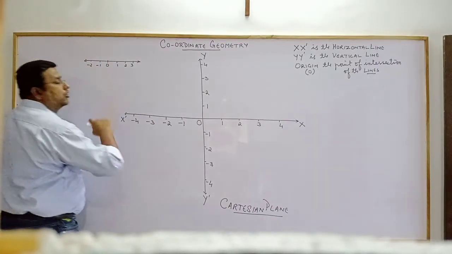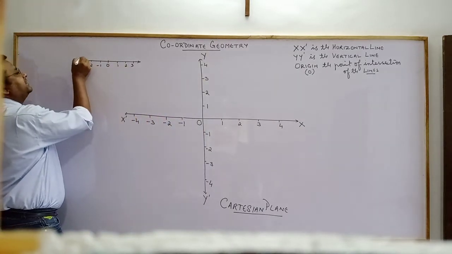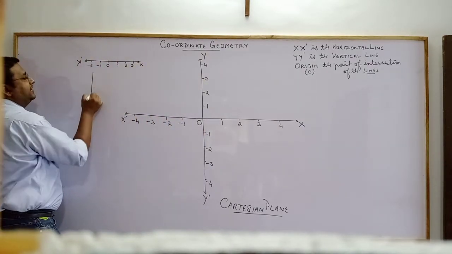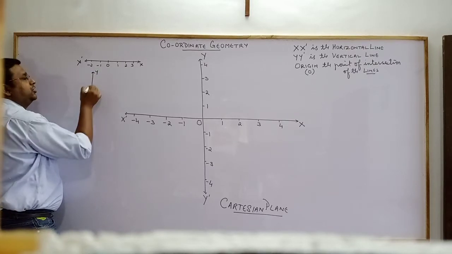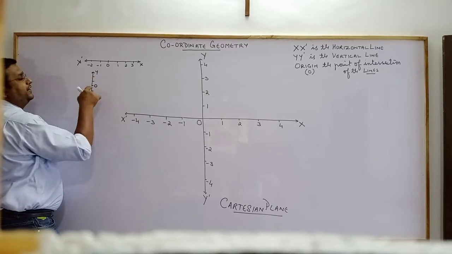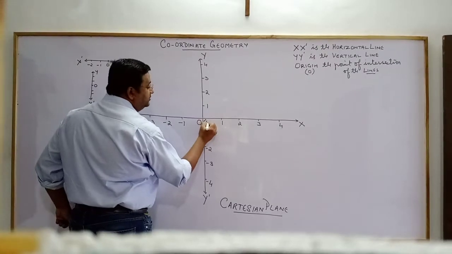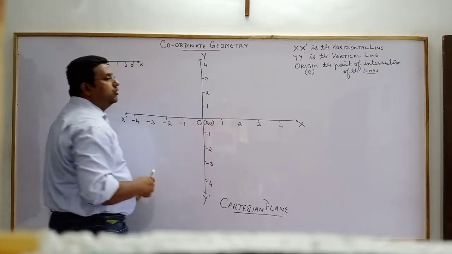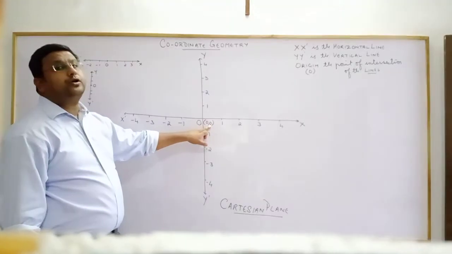The same way, this is your vertical line. The origin is the point of intersection of the two, so the coordinates of the origin are 0, 0. The x coordinate is 0 and the y coordinate is also 0.